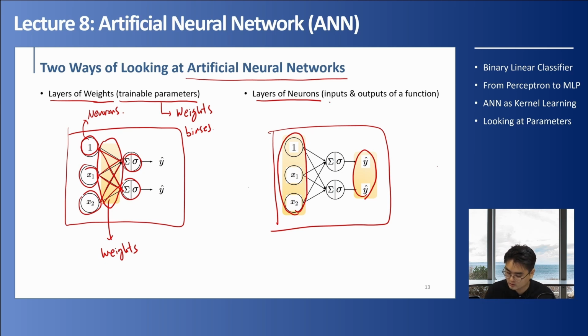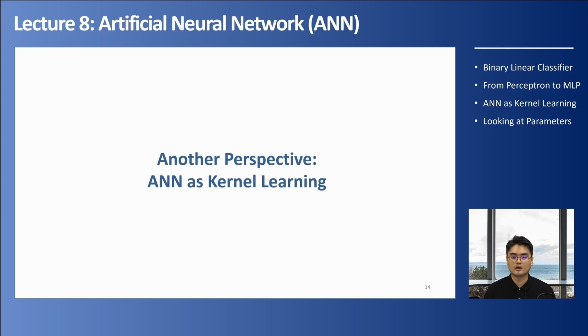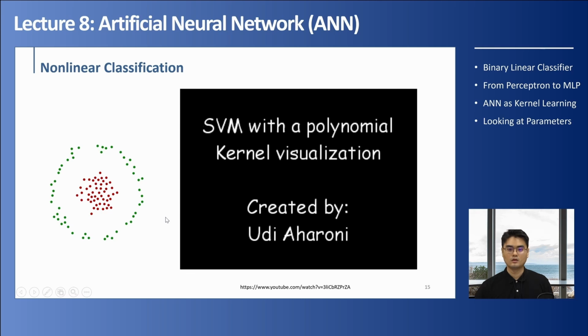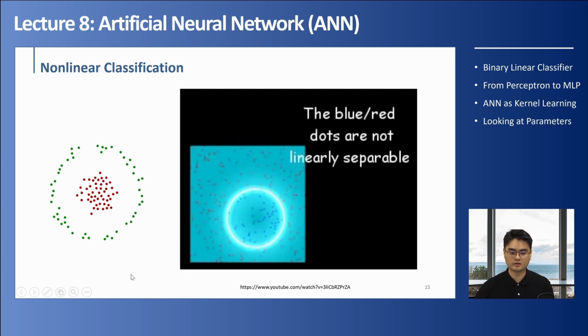So here, these are inputs and outputs of a function, and these contain the information that we want to know. And I would like to introduce another perspective of looking at our artificial neural network, and this is looking at it as kernel learning. So let's take a look at this example of doing a nonlinear classification.